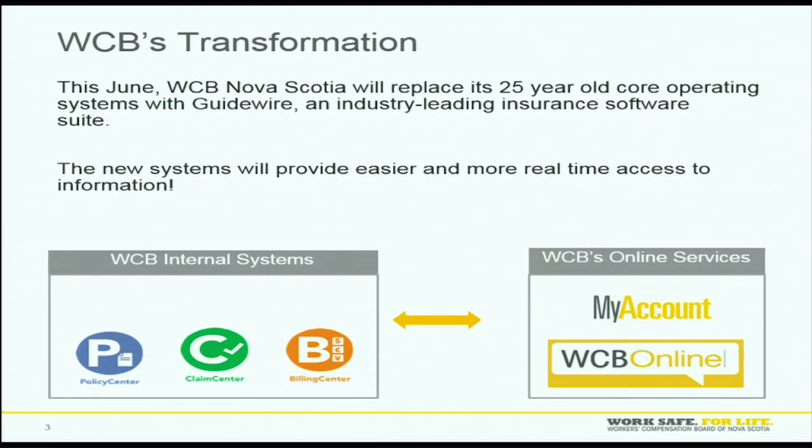So we're really excited about the added functionality that that's going to bring to our own internal case management team. But also, this is going to enable us to have some more features to MyAccount and WCB Online so that the employer community is going to be able to have access to more of these functions, to more benefits, and making your lives a little bit easier when you're interacting with us.